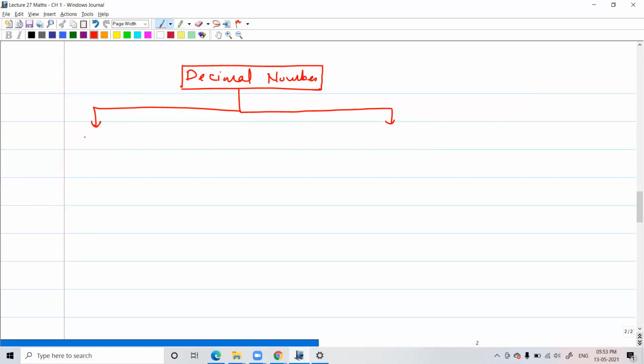So decimal numbers can have either a terminating decimal expansion or it can be non-terminating.